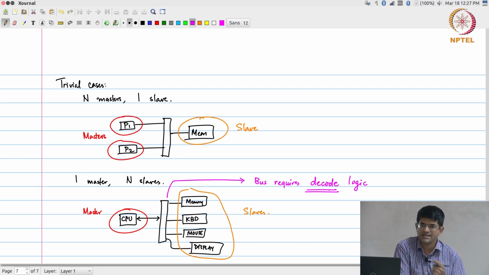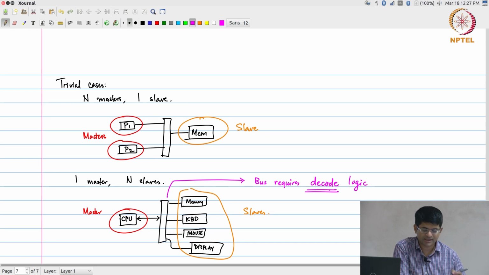But as long as the bus is able to match the address that was put out there by the CPU, and say, okay, this corresponds to the keyboard, right? Either send some control signal to the keyboard or get data back from the keyboard so that it can be sent back to the CPU. Okay? If it was for the display, then basically take whatever is coming from the CPU, send it to the display module, etc. So the bus takes care of decoding.